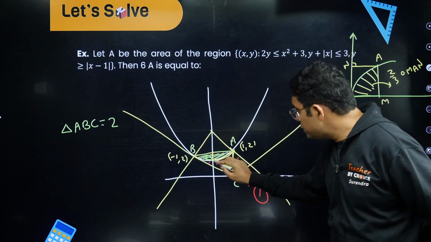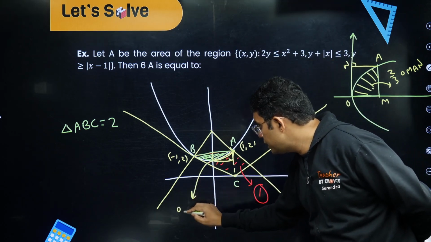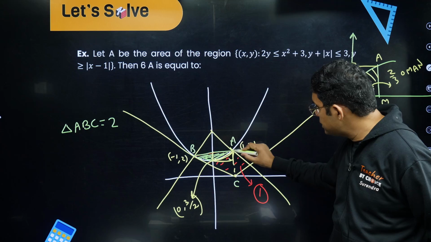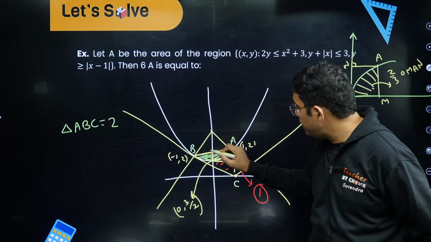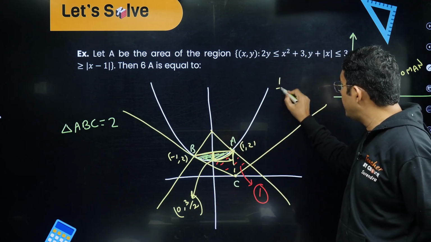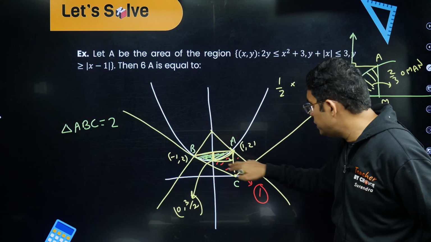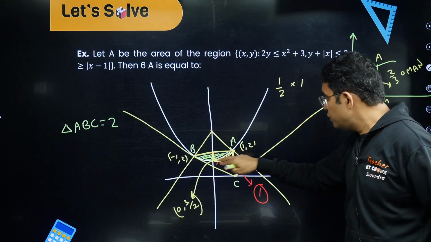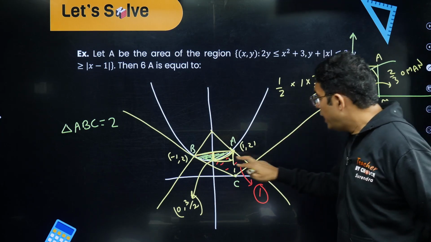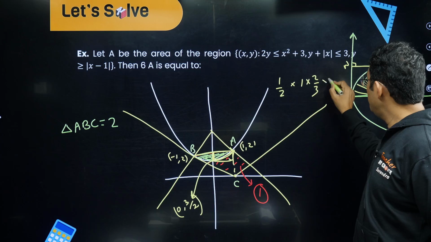Now this point was, I think, (0, 3/2), and this is the line y equal to 2. So here this length will be 2 minus 3/2, that is 1/2, and from this to this it is just 1, so into 1 and into 2/3, and the same will be on this side also, so into 2.